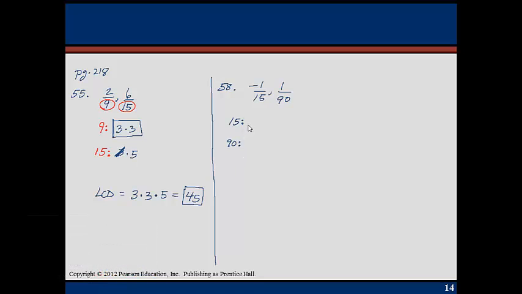And then write down the prime factorization of each. So 15 is 3 times 5. And then 90 is 2 times 45. And 45 is 9 times 5. And 9 is 3 times 3. So 90 is written as 2 times 3 times 3 times 5.